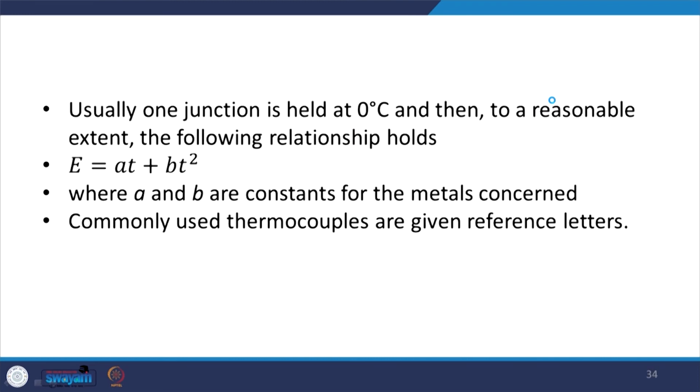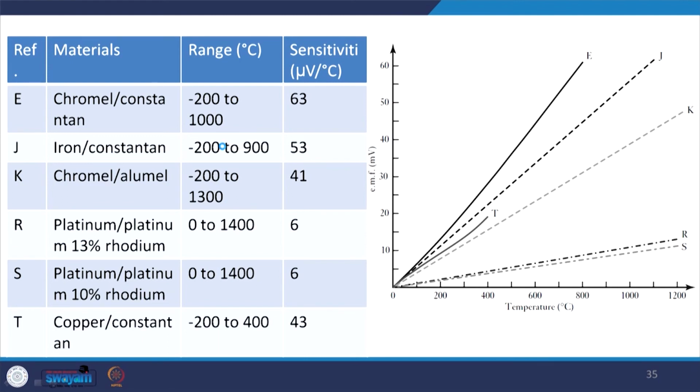Usually one junction is held at 0 degrees centigrade, and then to a reasonable extent the following relationship holds: E is equal to AT plus BT squared, where A and B are constants for the metals concerned. The commonly used thermocouples are given by reference letters here: E, J, K, R, S, T, and these are the materials for these thermocouple pairs.